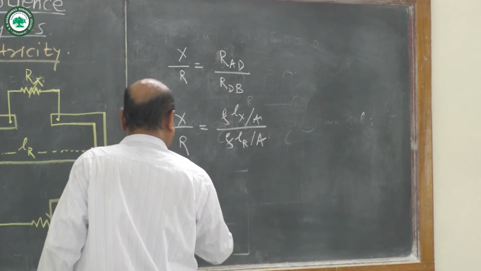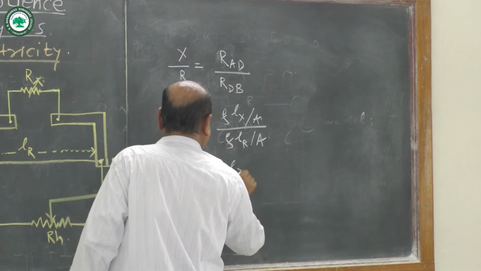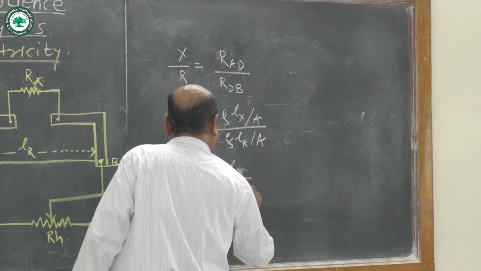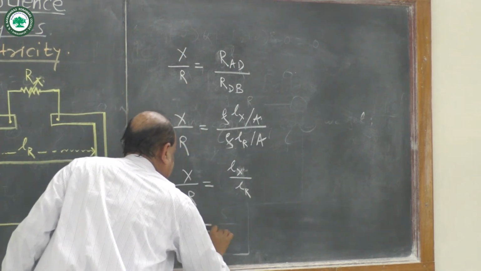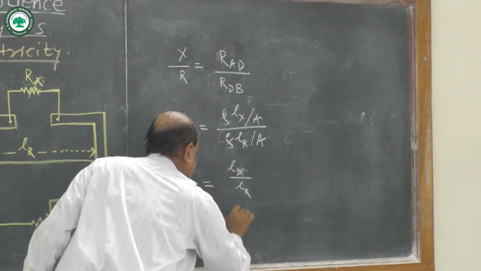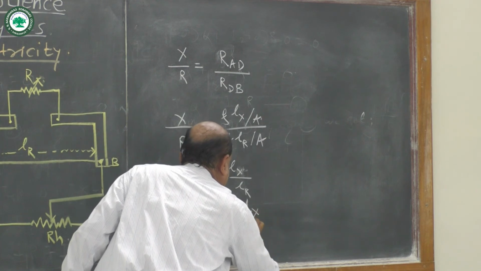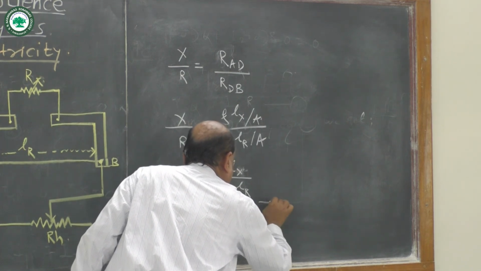We get X upon R is equal to LX divided by LR. Equation for X is equal to R in bracket LX divided by LR.